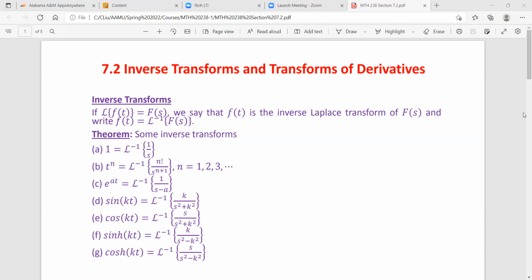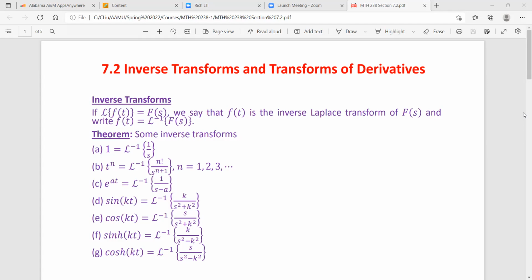The way to find the inverse transforms of Laplace transforms is very straightforward. You just go backward from the Laplace transform. For example, we know the Laplace transform of the constant function f of t equals 1 is 1 over s. So by the definition of inverse transform, we say 1 is the inverse Laplace transform of 1 over s.